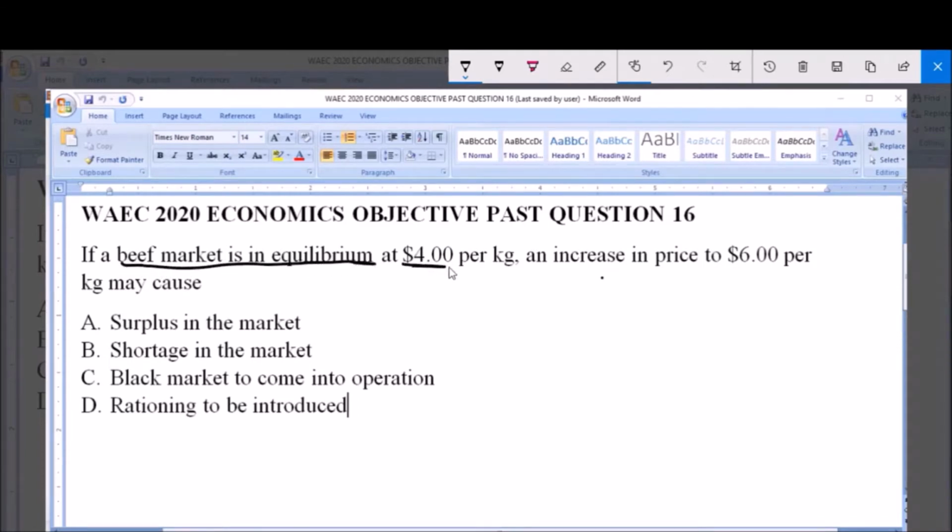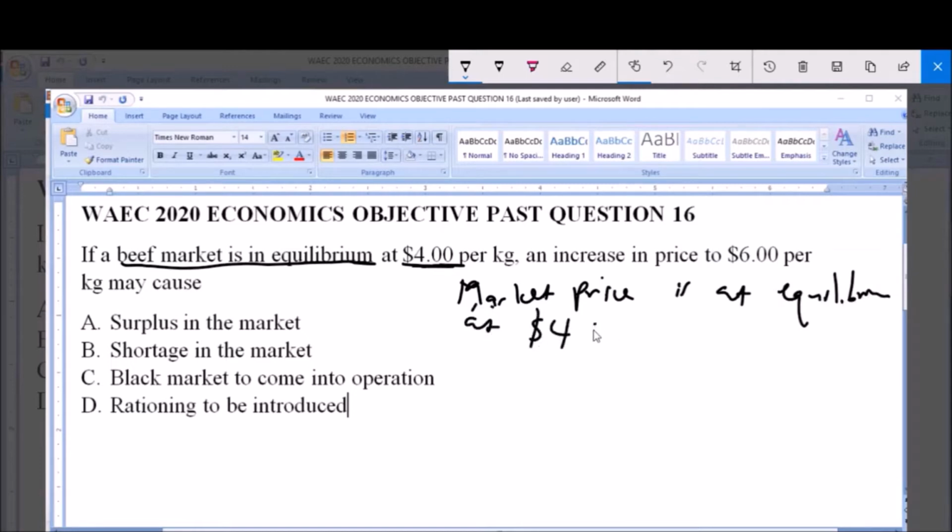So the market price is at equilibrium at $4 per kg.